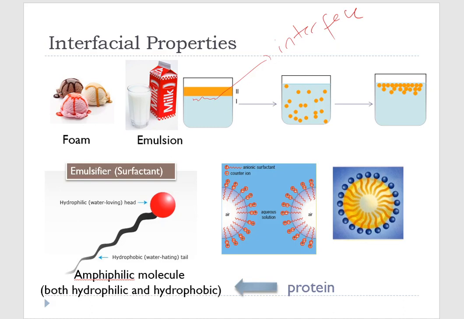So remember, some small molecular surfactants such as lecithin and monoacylglycerol can be used as an emulsifier in the food industry. So proteins can also be used for that purpose. Proteins are amphiphilic molecules. So that means they have both hydrophobic, nonpolar, and hydrophilic, polar regions, right?